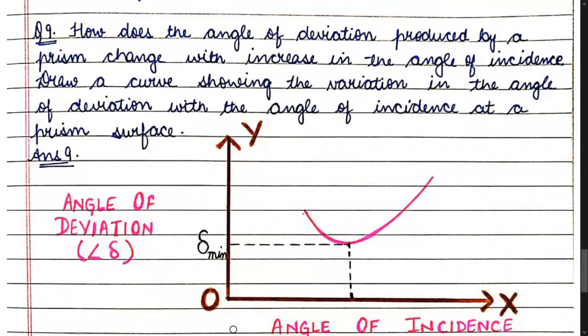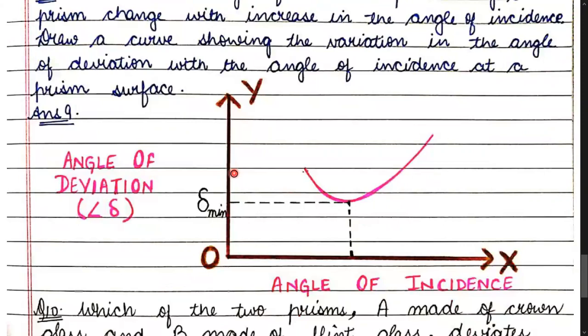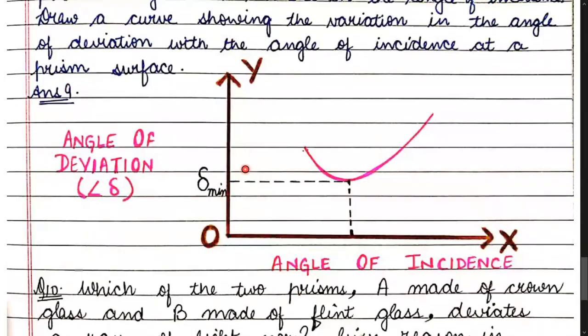So the next question is, how does the angle of deviation produced by a prism change with increase in the angle of incidence? You have to draw a curve showing the variation in the angle of deviation with the angle of incidence at prism surface.